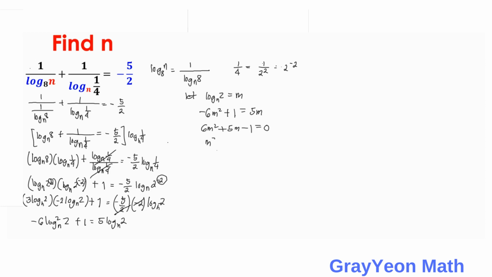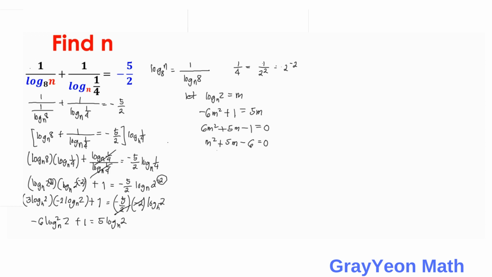So we have m squared plus 5m minus 6 equal to 0. Now we have to think of factors of negative 6 with a sum of 5.